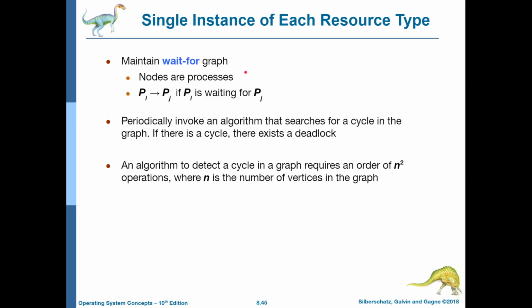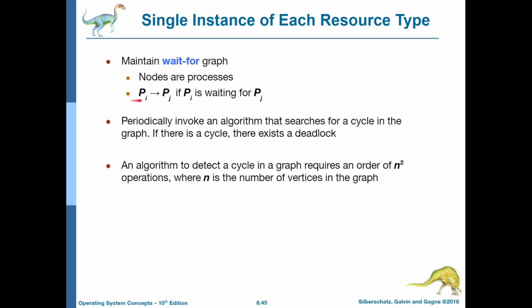In effect, all nodes are processes, and each edge means one process is waiting on another process. We're eliminating the resource in between and saying process i is waiting for process j. Periodically, an algorithm is invoked that searches for cycles in this graph.